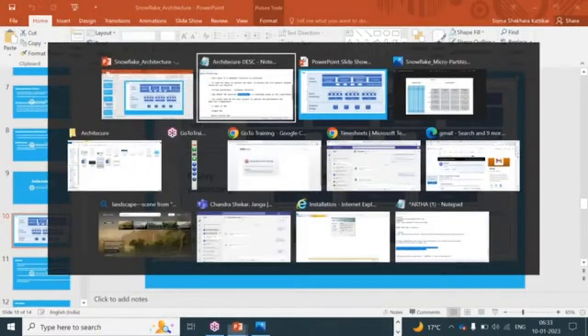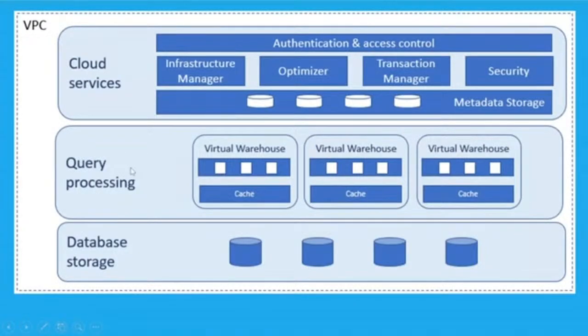See, this query processing layer is a virtual warehouse, which is a compute layer, and these are hardware resources for your Snowflake. They are required to process all the requests in your Snowflake.